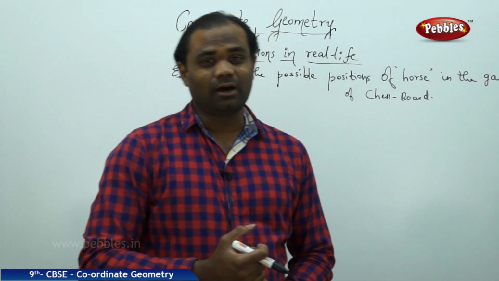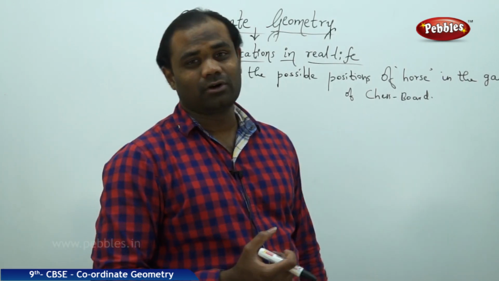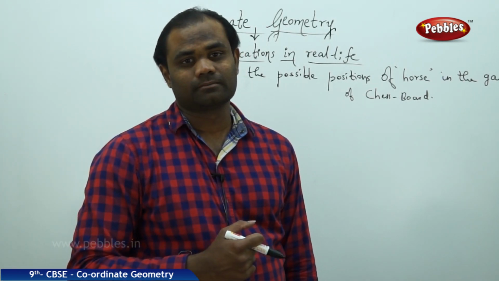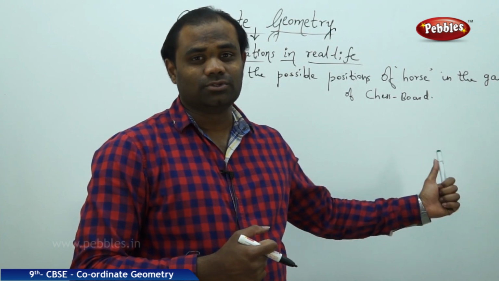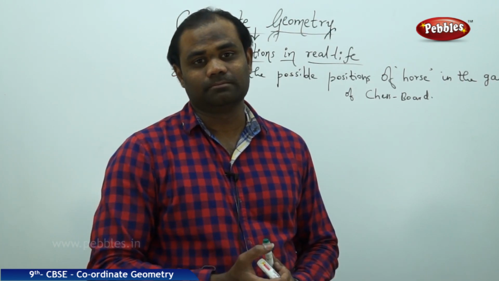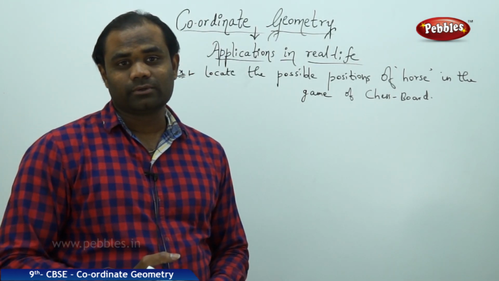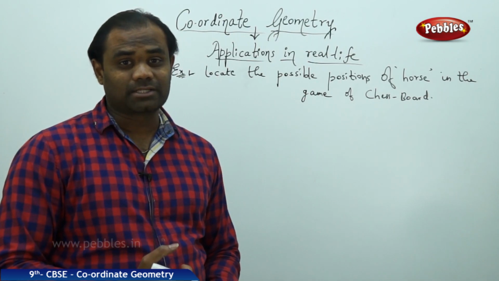So let's see how we can locate the various positions, assuming the horse is on the origin. Let's try to use this in real life connected with the Cartesian plane system. So let's see how we can locate through the graphical XY coordinate system.